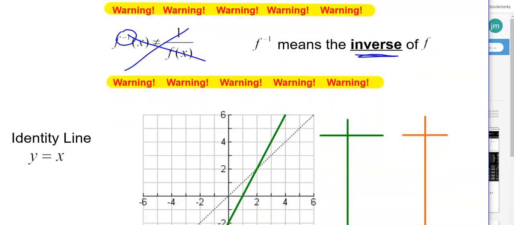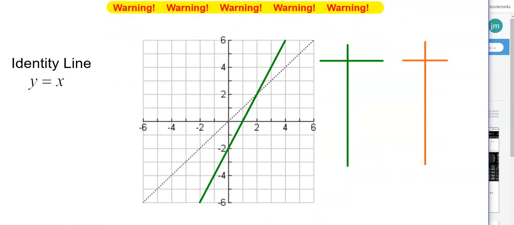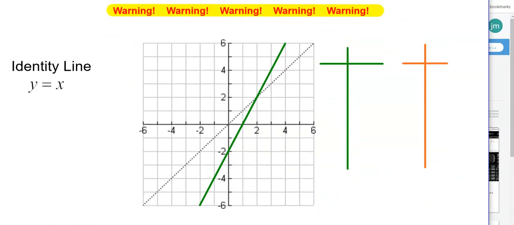So let's first look at it graphically, and then we'll look at what it looks like algebraically. If you look at it graphically, say some of these points, like these are x and this is y, that's the point (2, 2). That's the point (1, 0). That's the point (0, -2).